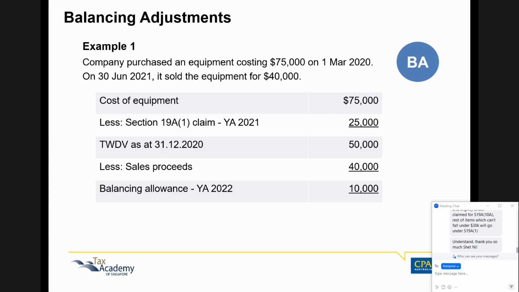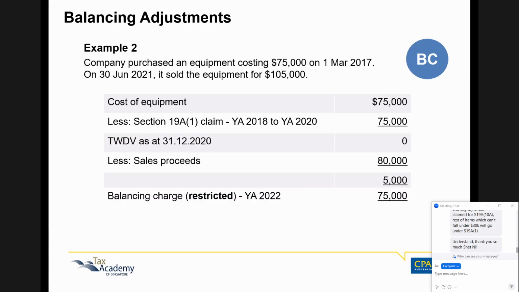Tax written down value becomes 50,000. The following year I sold it, so my sales proceeds is 40,000. The balancing allowance will be 50,000 minus 40,000, which is 10,000. I can claim this 10,000 and set it off against my income, just like a capital allowance. So remember, balancing allowance works just like a capital allowance.